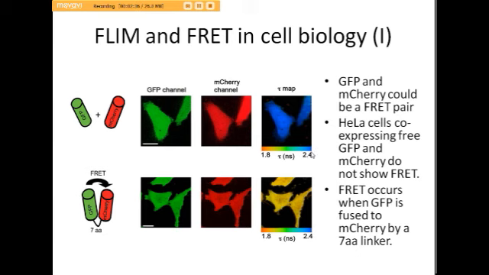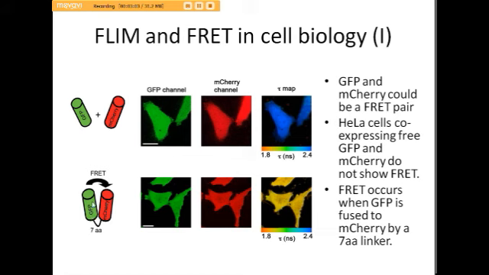The blue means 2.4 nanoseconds and green is something in between 1.8 and 2.4, while red means 1.8 nanoseconds. From this color map image, we can see that for most of the GFP, the donor fluorescence lifetime is about 2.4 nanoseconds.